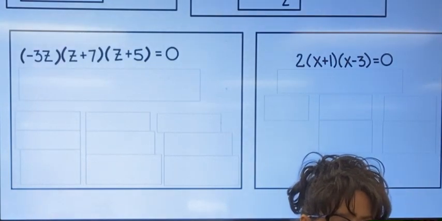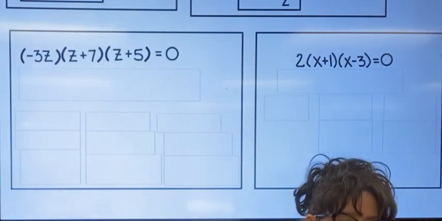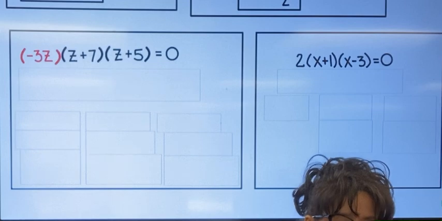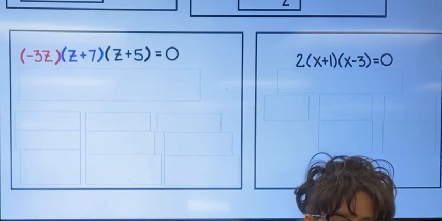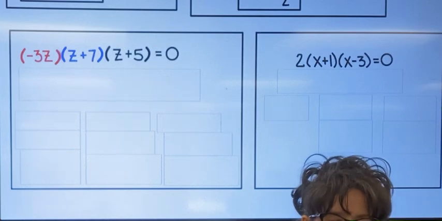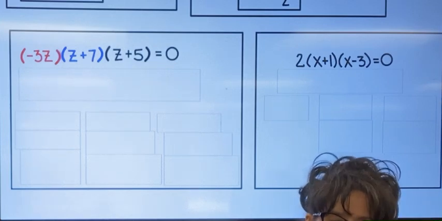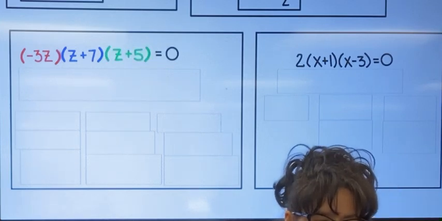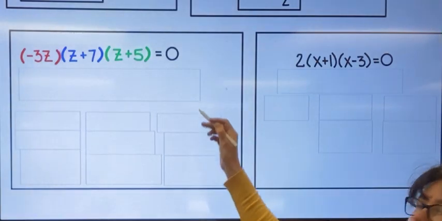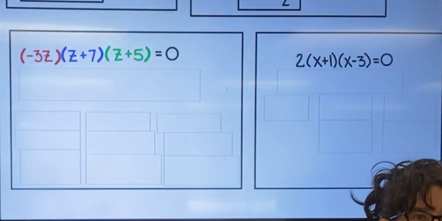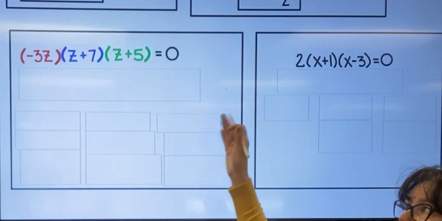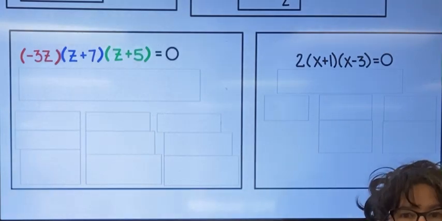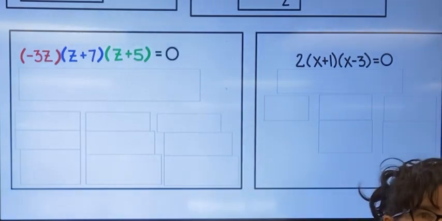So I'm going to say I have -3z, I'm going to refer to that as red, multiplied by z plus 7, so that'll be blue, and then z plus 5, let's make that one maybe green. Okay, so if I have red times blue times green equals 0, then if any one of those red, blue, or green become the number 0, we'll get 0.